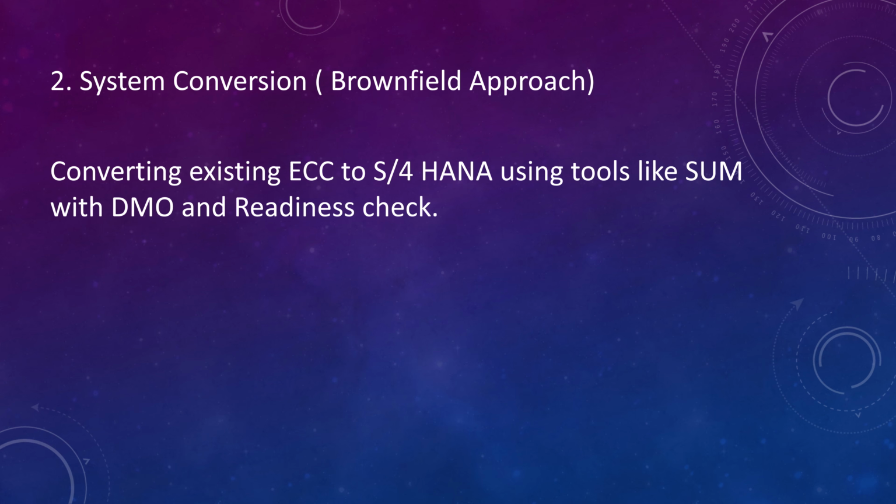This is ideal for companies that want to keep their existing system set up but move to the latest S4HANA platform. The main tools used for system conversion are SUM with DMO, SAP Readiness Check. This approach helps reduce time and cost since you don't need to build everything from the beginning.